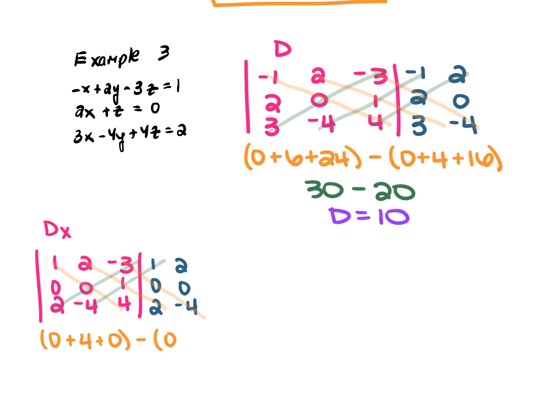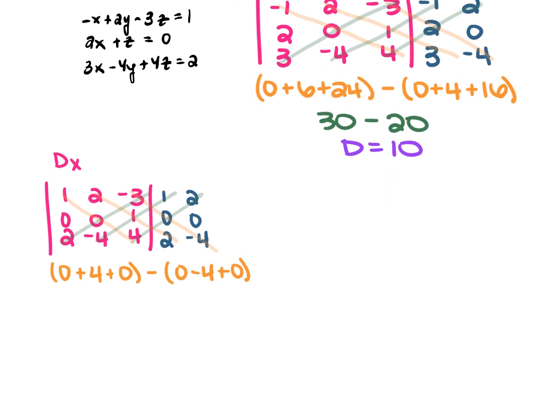Negative 4 times 1 times 1 is negative 4. And then 4 times 0 times 2 is 0. So your 4 plus 0 on the left is just 4. Your negative 4 plus 0 is negative 4. 4 minus negative 4 gives us D sub x is equal to 8.